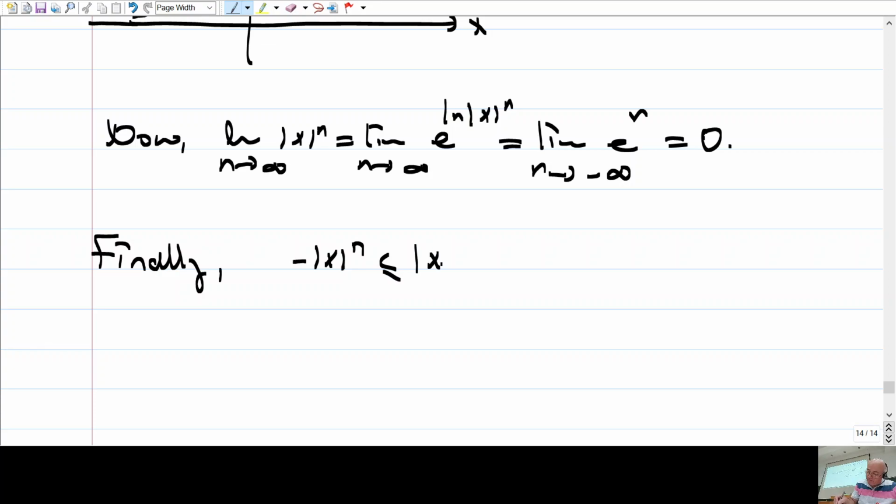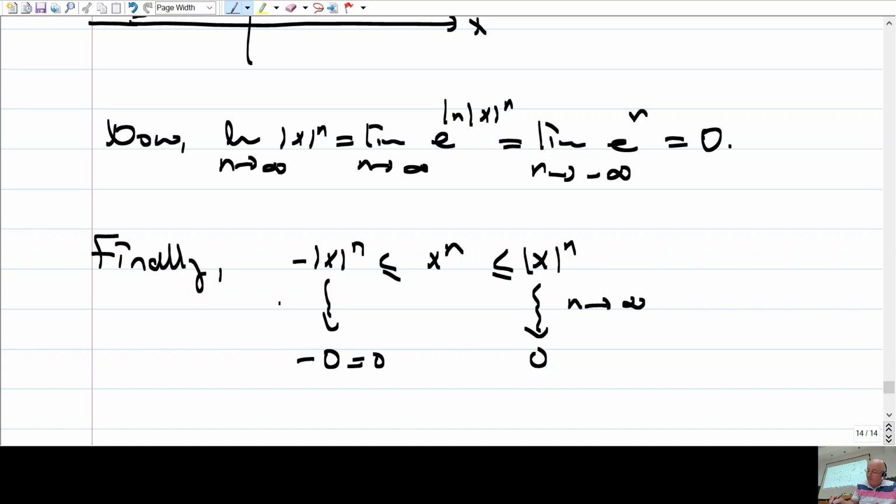Minus 1 times x to the power n is less than this, and this is less than x to the power n. We showed that this is convergent to 0 as n goes to infinity. Well, this is just the same thing multiplied with minus 1. So it will converge to minus 0, which is just 0 as n goes to infinity. Therefore, the guy in the middle has to converge to 0, right?